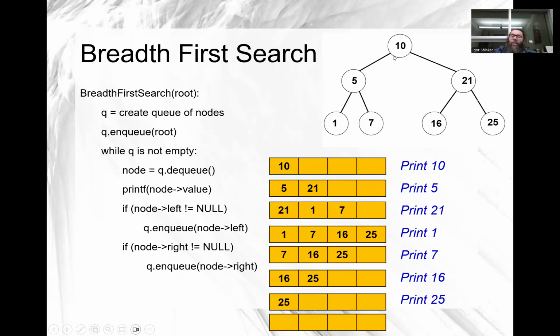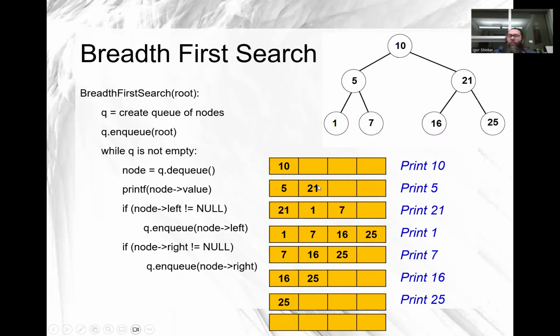So the answer is we process the nodes layer by layer. So we first put the root, this is 10. Then we put the first layer, those at distance 1. So this is 5 and 21. What happens when we remove both 5 and 21? Look, for 5, we added its children. For 21, we added the children of 21.